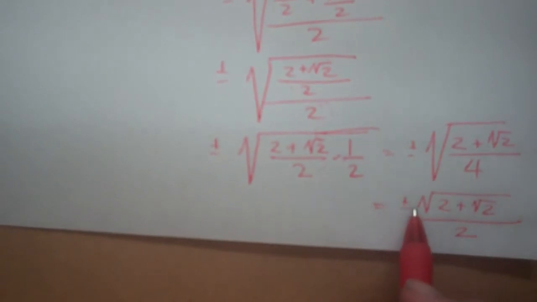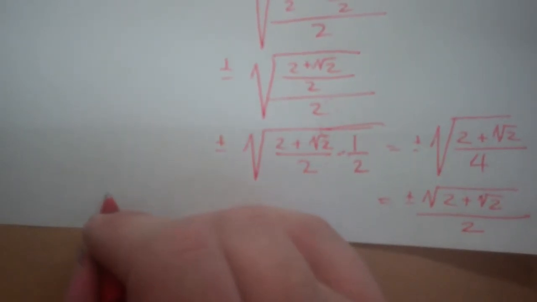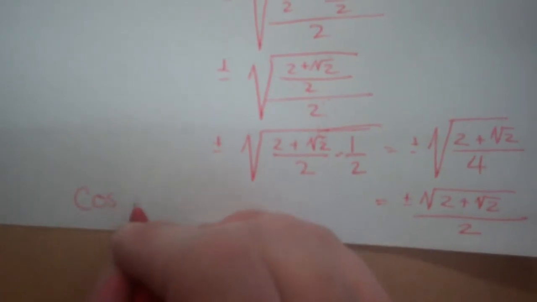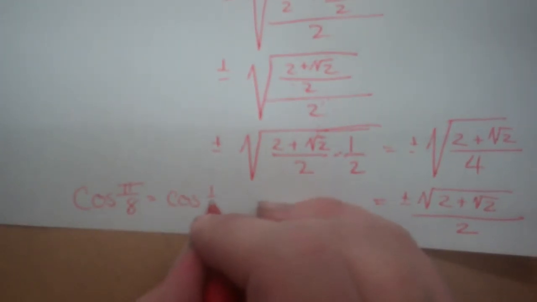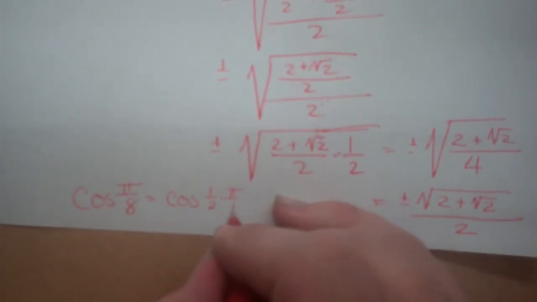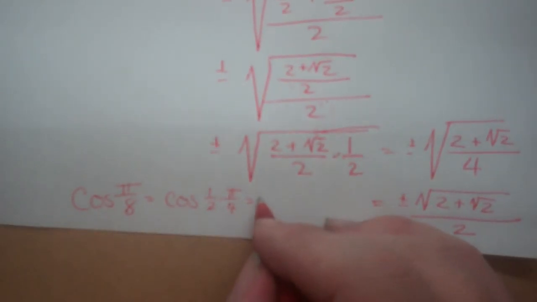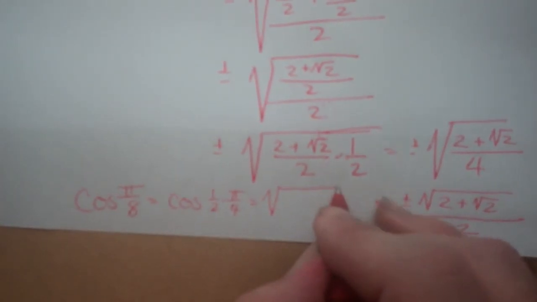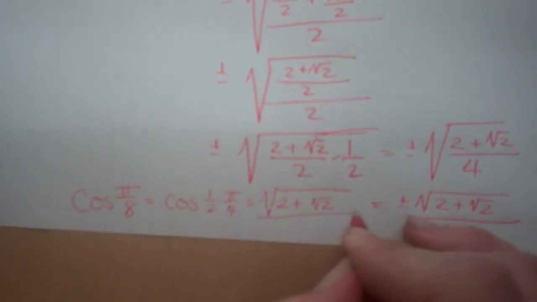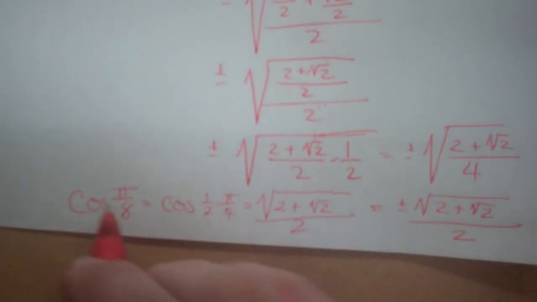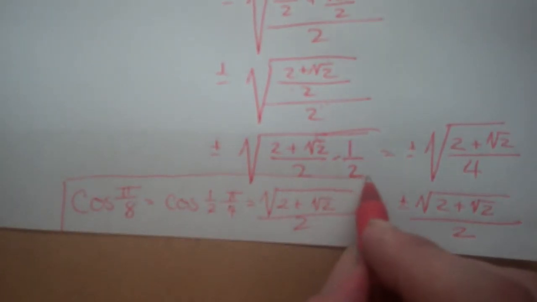And since we're in the first quadrant, we should go with the positive right here. So we're going to say that the cosine of pi over 8, that's the same thing as the cosine of 1/2 times pi over 4. And that's the same thing as the positive square root of 2 plus radical 2 all over 2. Here is our final answer.